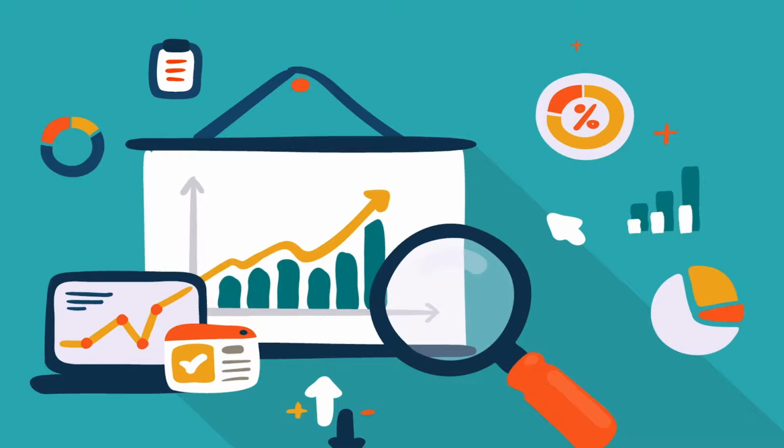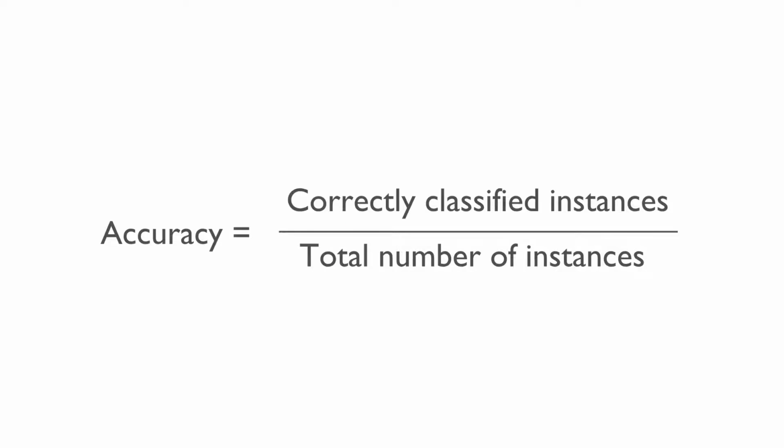For classification, we either use accuracy or other performance measures such as confusion matrix, precision, recall rate, F1 score, or ROC curve. We will learn these performance measures later in this course. Let us briefly discuss what accuracy means. Accuracy means how many instances were correctly labeled out of the total predictions.